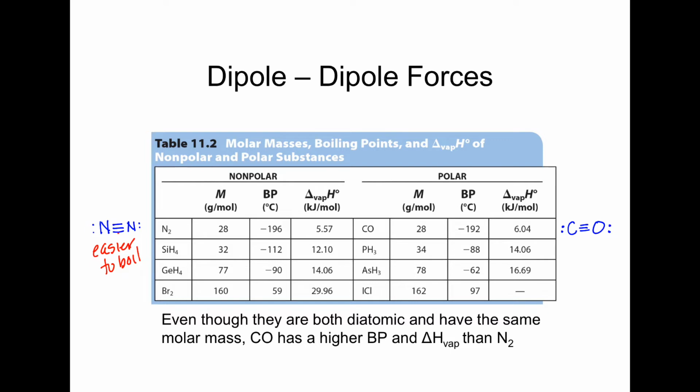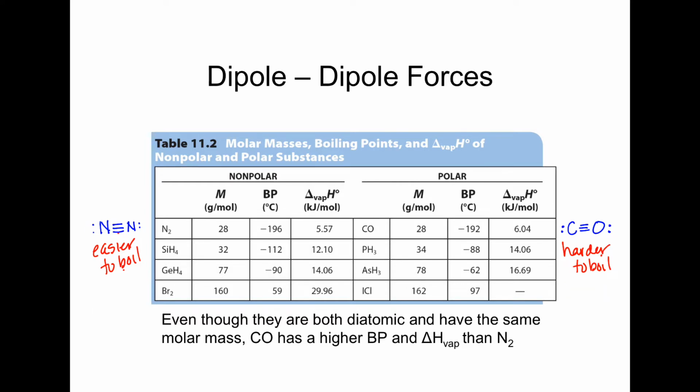Another way of saying that is it's easier to take from a liquid to a gas, so it's easier to separate the molecules from each other. Carbon monoxide is harder to boil, and it's harder to take it from a liquid to a gas. It's possible, but it just takes more energy.